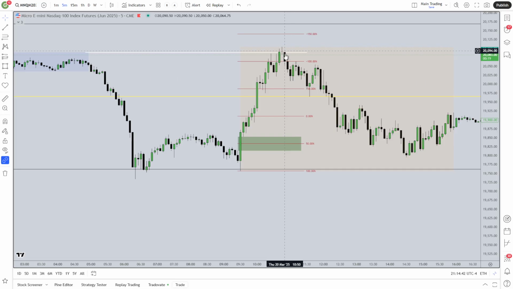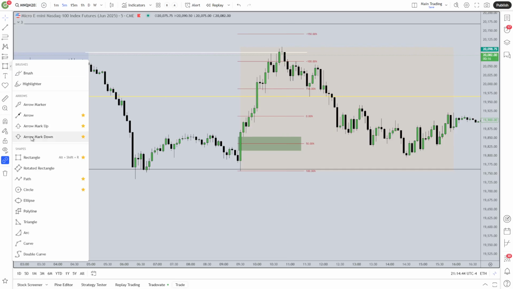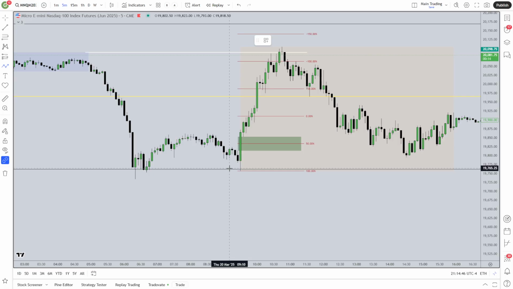At some point, it is no longer making step moves higher. And now what we see is price starts to make moves lower. So here at this level, we don't know if this will truly break or hold.